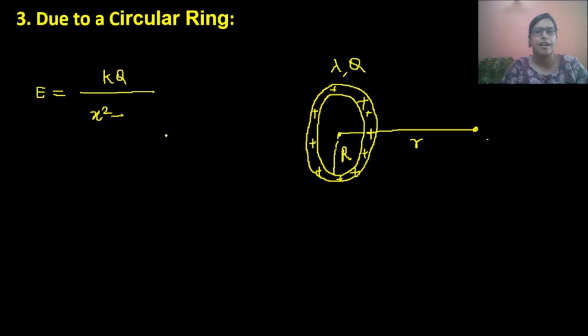Correction, let us consider it as x only, otherwise we will get confused between small r and capital R. So this is the x distance at point P. The electric field will be kqx upon (x square plus r square) power 3 by 2. This will be the electric field due to this ring, and it will be away from the ring if the charge is positive and towards the ring if the charge is negative.